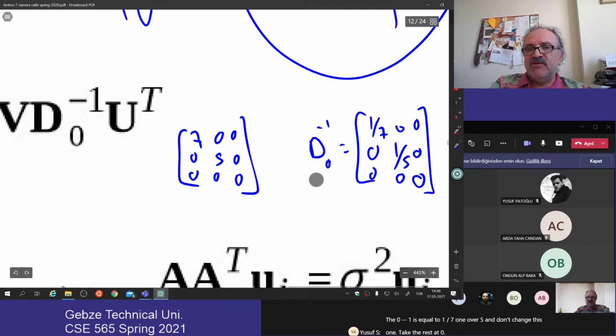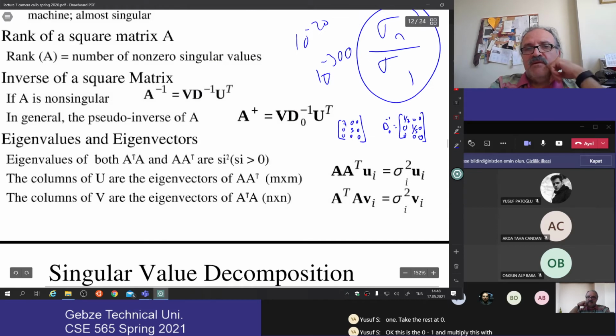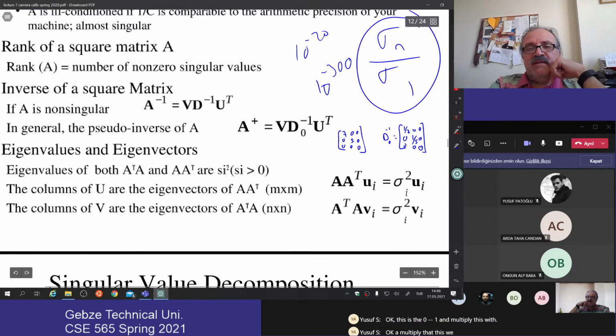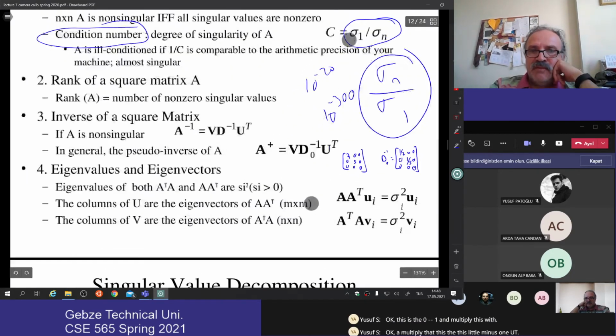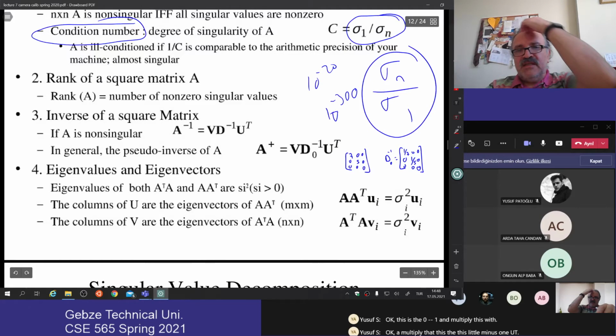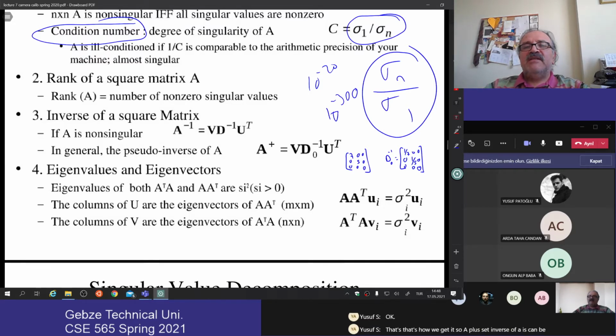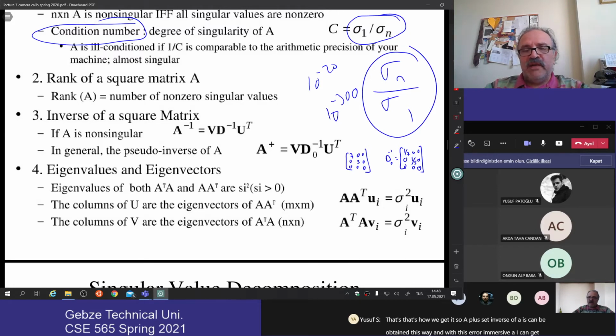Then multiply with V D0 to the minus 1 U transpose. That's how we get it. So A plus, the pseudo inverse of A, can be obtained this way, and with the pseudo inverse of A I can get some kind of a solution to my linear system.